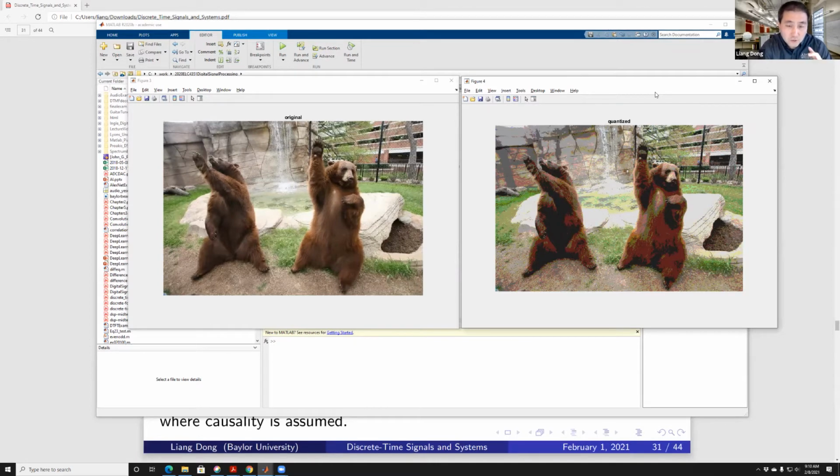So I only need 2 bits to represent each color. And of course, because it's a colored picture, you will see a lot of details still there, even though the quantization is much coarser. You see almost every big profile of these 2 bears is here.